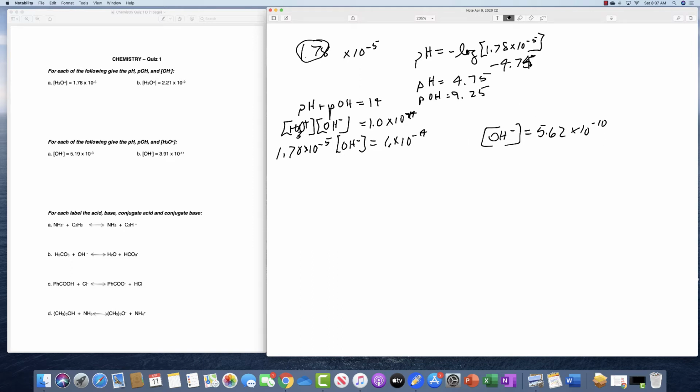Then you can take the negative log base 10 of that, and you get the same 9.25.